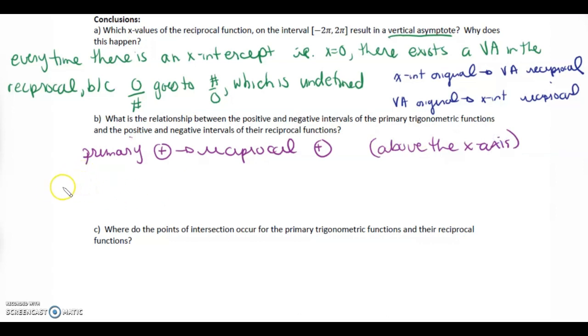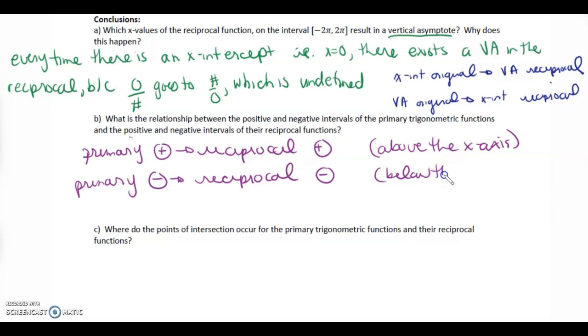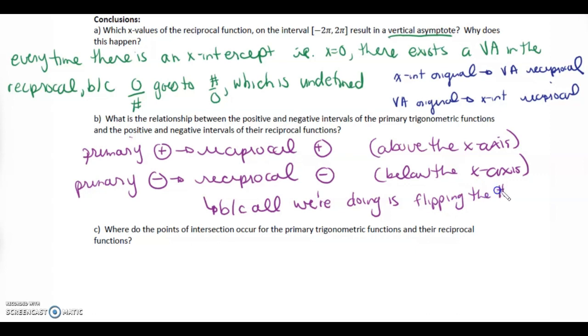And for the primary, if the number is negative, when you flip it, the number is still negative, right? And that would be below the x-axis. Because all we're doing is flipping the number, not the sign. So we're doing nothing with the sign. Positive is going to stay positive, negative is going to stay negative.